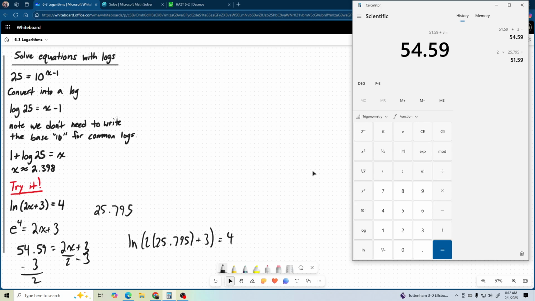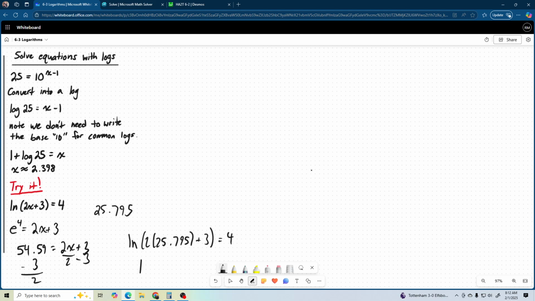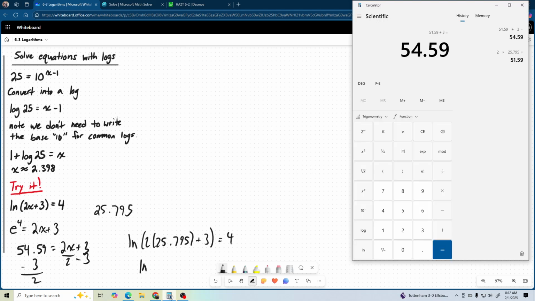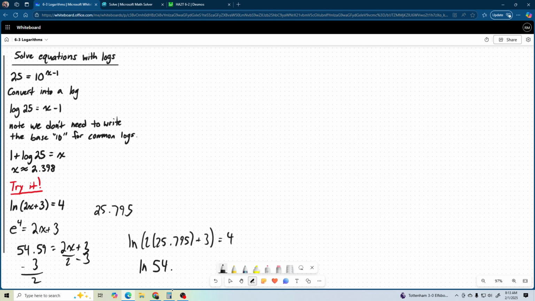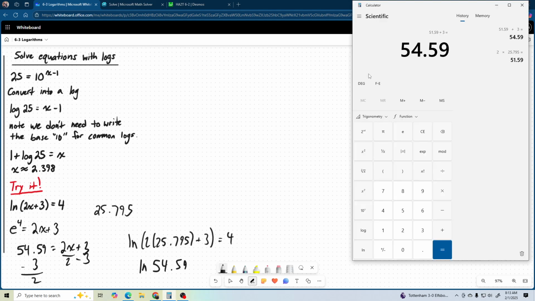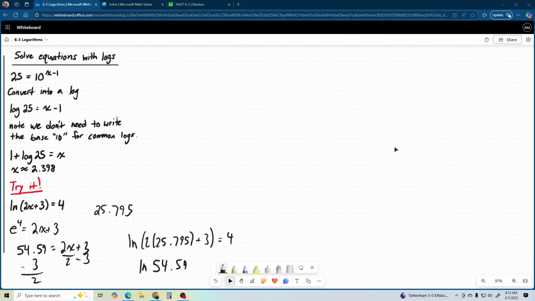But yeah, so this is going to be the ln of 54.59. And if we go back here, the ln, oh yeah, that's right, 54.59 ln 3.99999, right? It's 4. All right, so that's how we could check our answer, right?